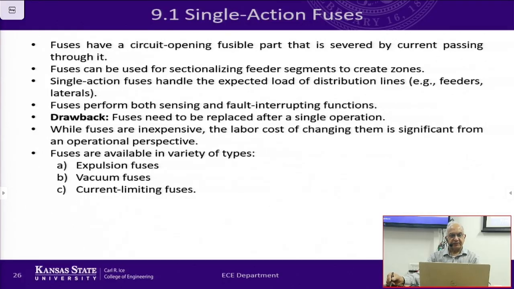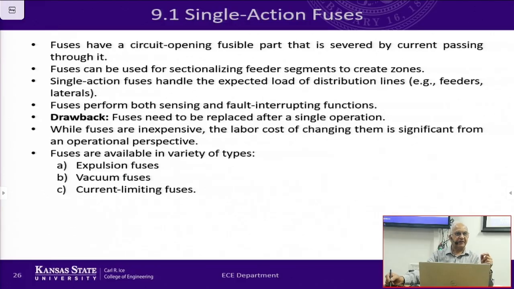Single action fuses. Fuses have a circuit opening fusible part that is severed by current passing through it. So basically, when the high current flows, it melts and breaks the circuit. They can be used for sectionalizing feeder segments to create zones.